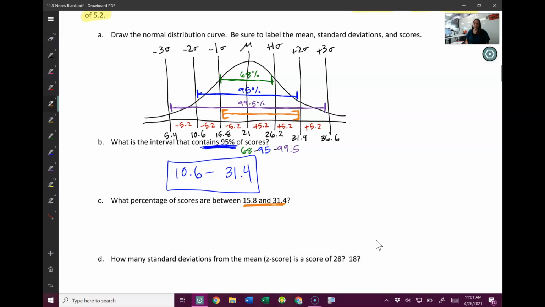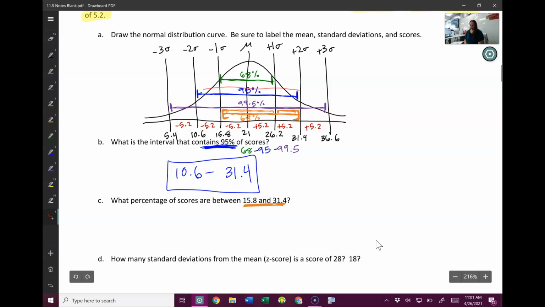So I need to figure out what percentage that is. Well, I do know that those two are 68%, because they line up with my 68% right there. So I just need to figure out what this one is, and then I can do 68 plus that, and I'm good. So then we need to figure out, well, how much is that section? Well, let's do a little bit of algebra.